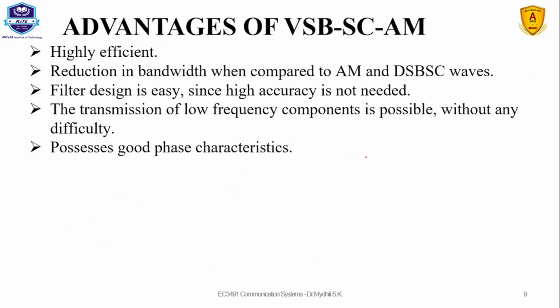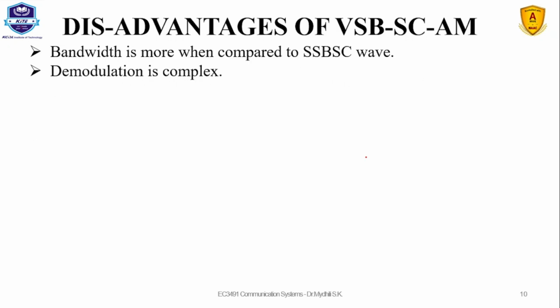Now coming to the advantages of vestigial sideband SC AM: it is highly efficient, it reduces bandwidth when compared to AM and DSB waves, filter design is easy, transmission of low frequency components is possible without any difficulty, and it possesses good phase characteristics.